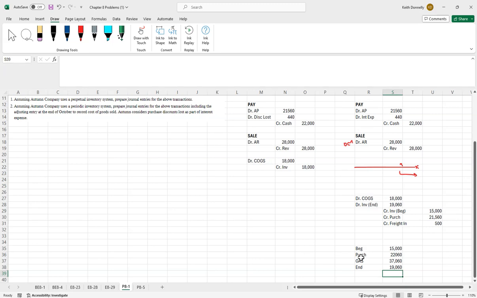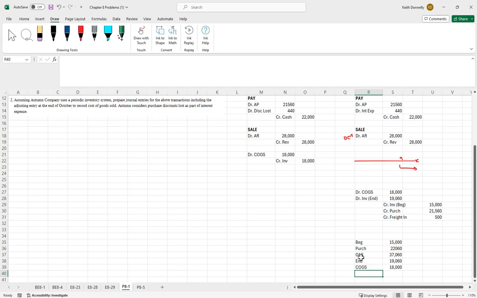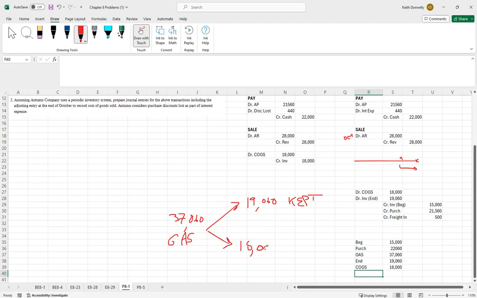So if we have 37,060 there, then our cost of goods sold must be 18,000. Our goods available for sale were 37,060, of which 19,060 we kept. That's our ending inventory. And then 18,000 we sold. That's our cost of goods sold.